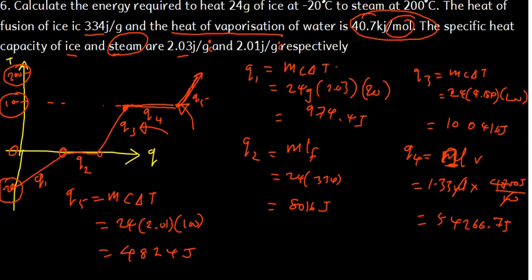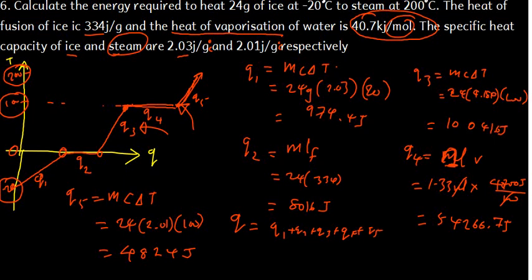So to find the total energy, when we want to heat 24 grams of ice at negative 20 degrees Celsius to steam at that temperature, the energy change is going to be the sum of all these energies. So the energy will be Q1 plus Q2 plus Q3 plus Q4 plus Q5. I'll start adding them.